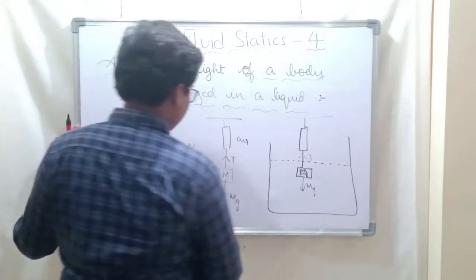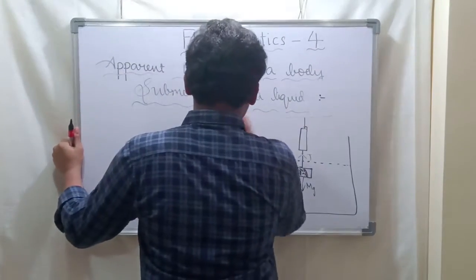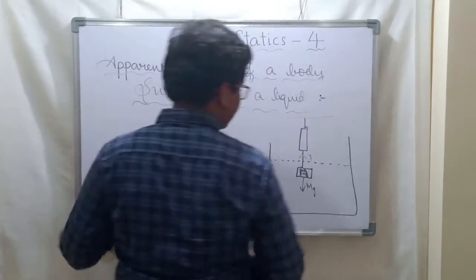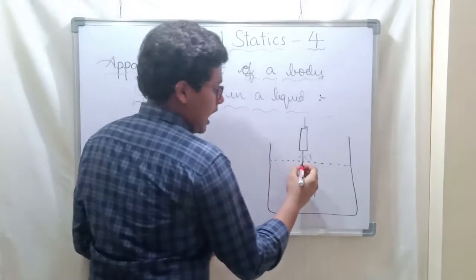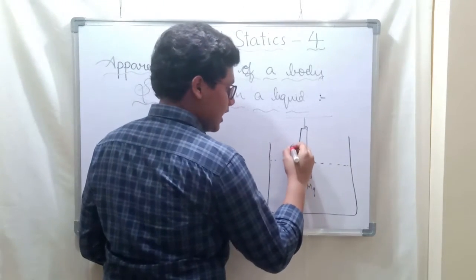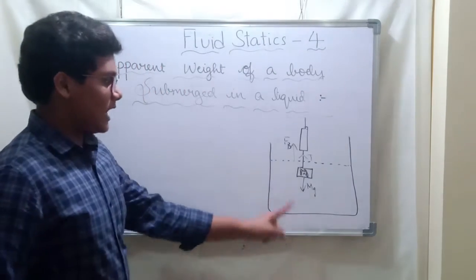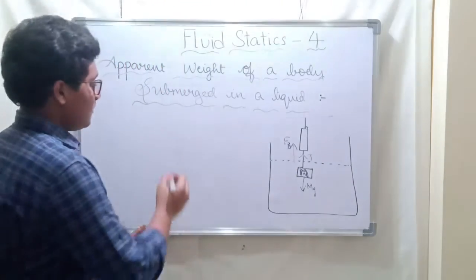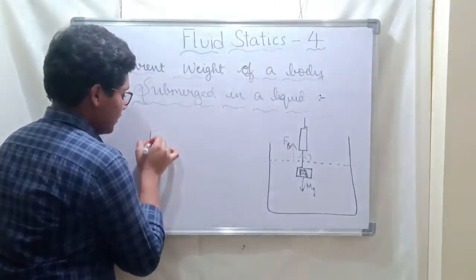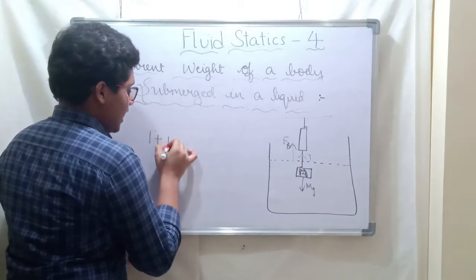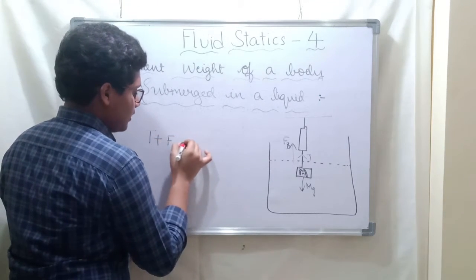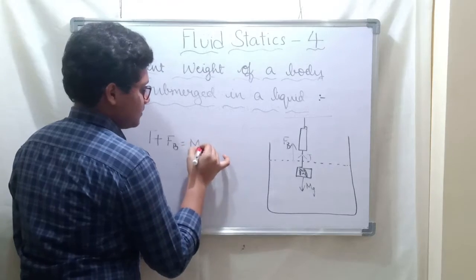But in this case, buoyant force FB is also acting upwards. So here T plus FB is equal to mg.